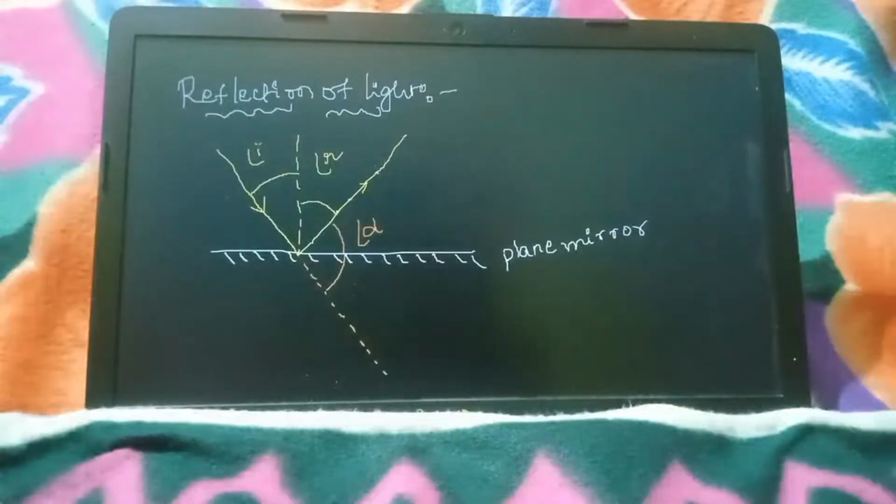So here I am considering this incident ray, reflected ray, and normal line. This is a normal line, and this is the undeviated line. This is a plane mirror. Okay, so once check this diagram.